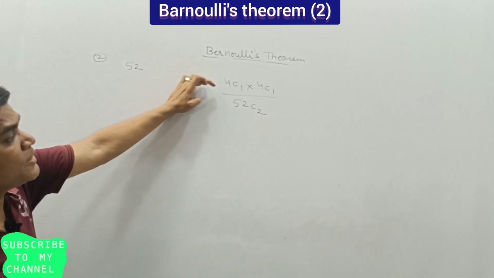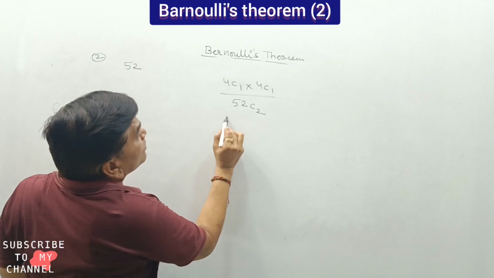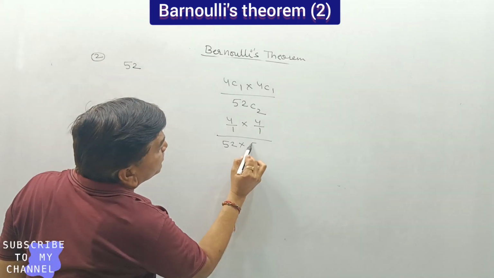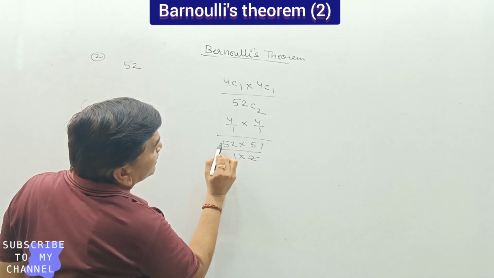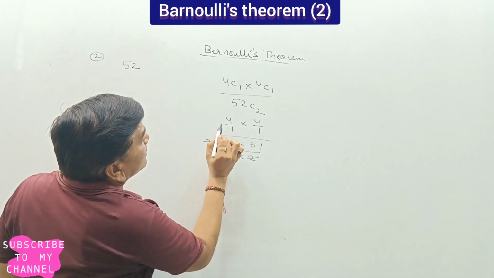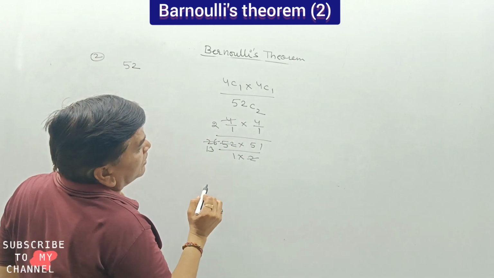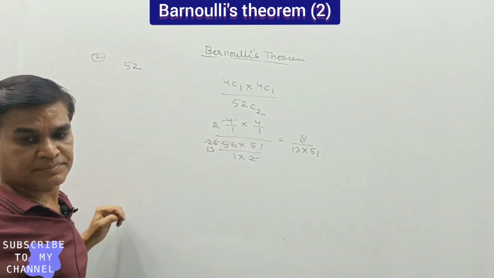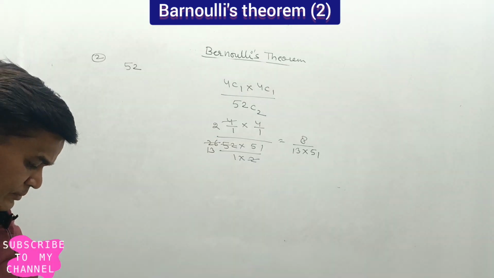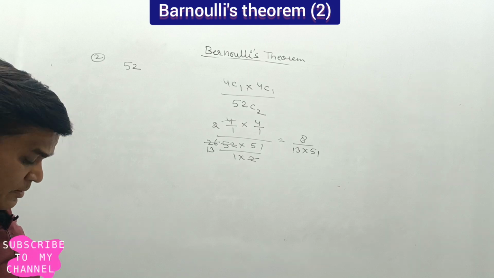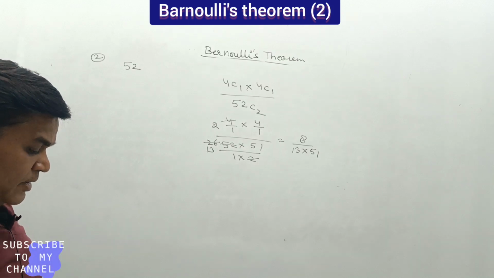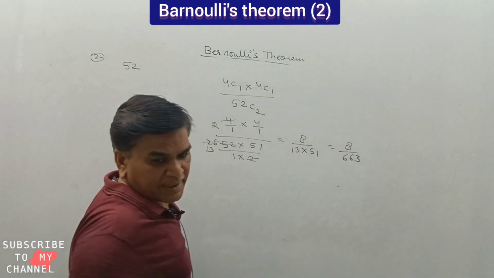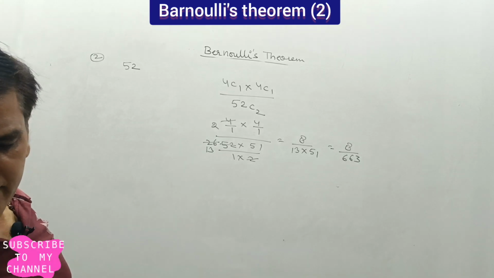So 4C1 and 4C1 divided by 52C2. So 4 divided 1, 4 divided 1 divided by 52 multiply 51 divided by 1 multiply 2, that is 26, 13 and 2. So that is 8 upon 13 multiply by 51, that is 663. So the answer will be 8 divided by 663.